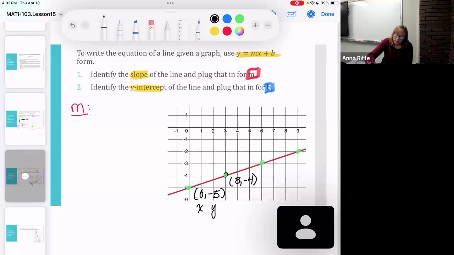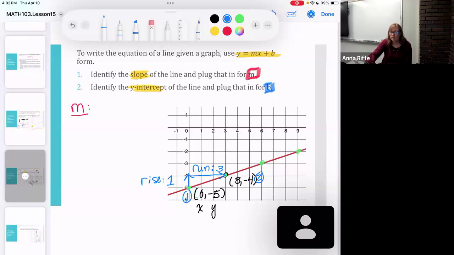We can note that to get from point 1 to point 2, I have to go up 1. So my rise is 1. And then to the right, 3. So my run is 3.